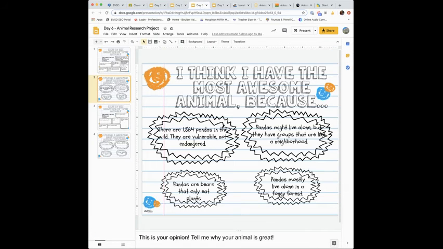Let's go back to that, because you're going to notice that this information here, there are 1,864 pandas in the wild. They are vulnerable, not endangered, is information that I chose to use. So one thing I could do is I can think, is this already in my own words? Did I take the time when I was doing the research to type it into my words, or did I copy almost exactly from the website?